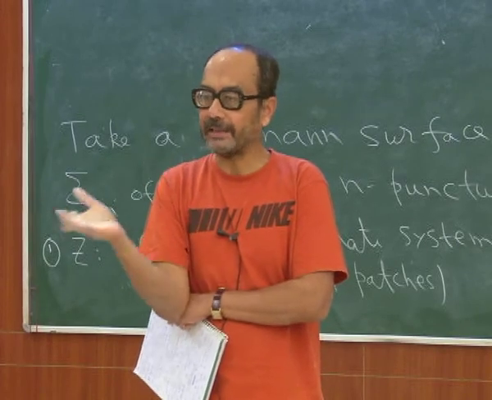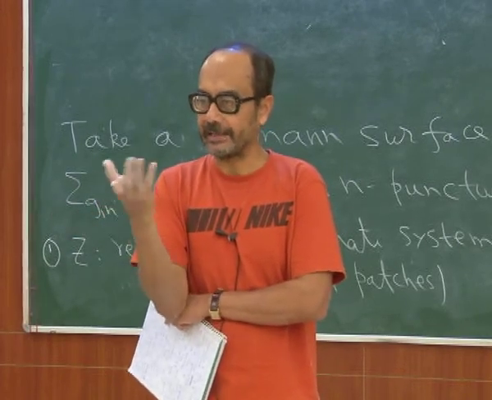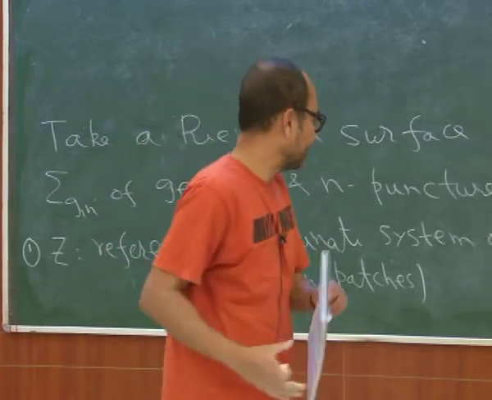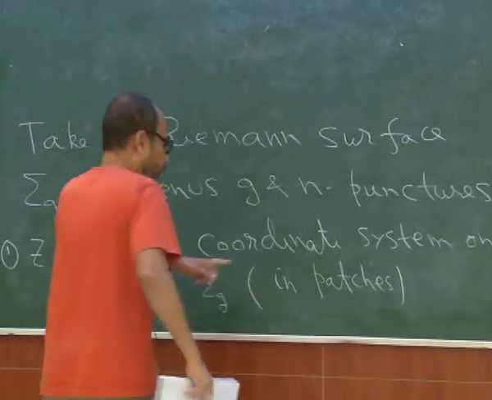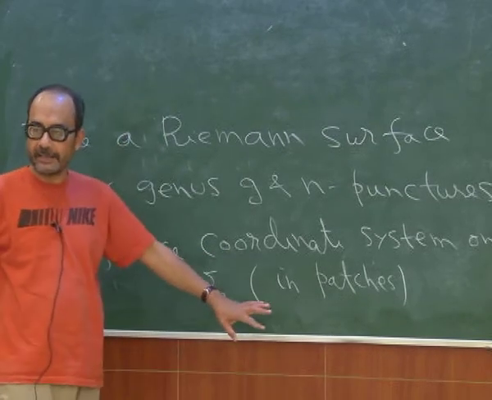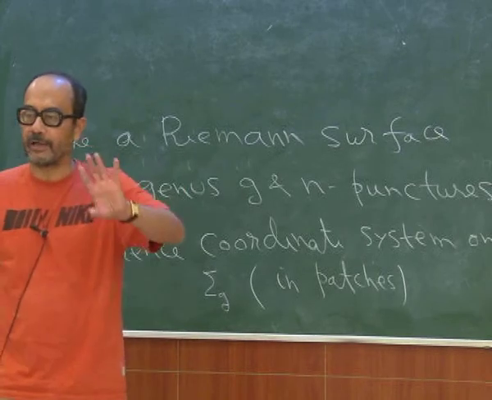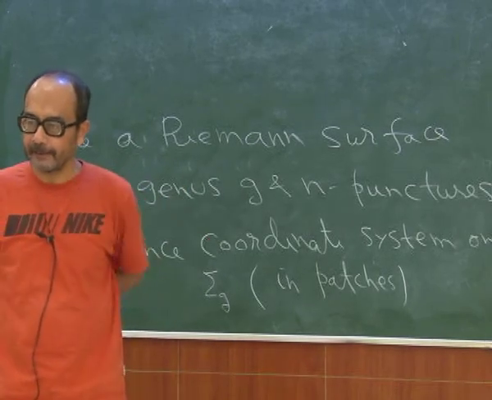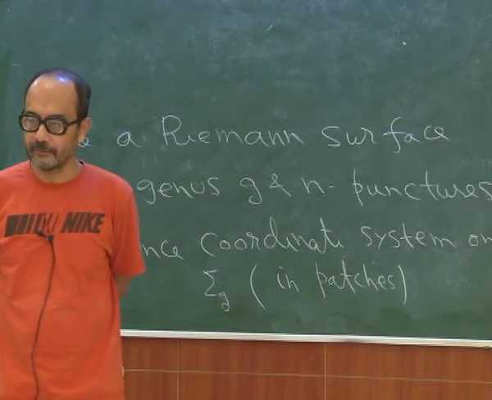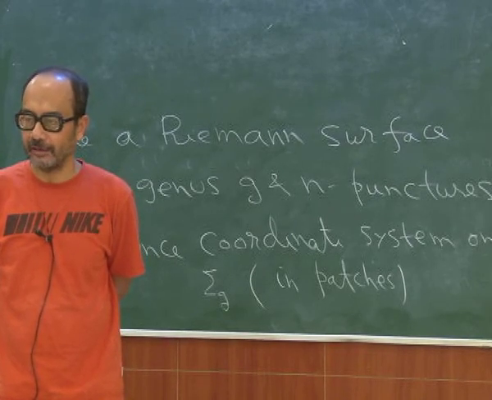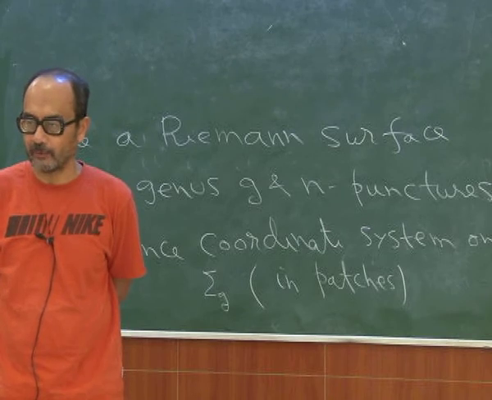If you are allowing patches, you can always do this. No, but Z is a single coordinate. No, that's what I said. It's not a single coordinate, it's a reference coordinate system, but it can be a collection of coordinates in different patches. But you fix the patches and you fix these coordinates once and for all. That's all we are saying. It need not be a single coordinate that covers the full surface. That's of course not possible.